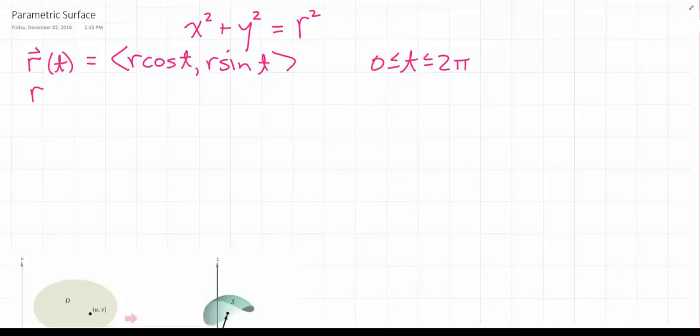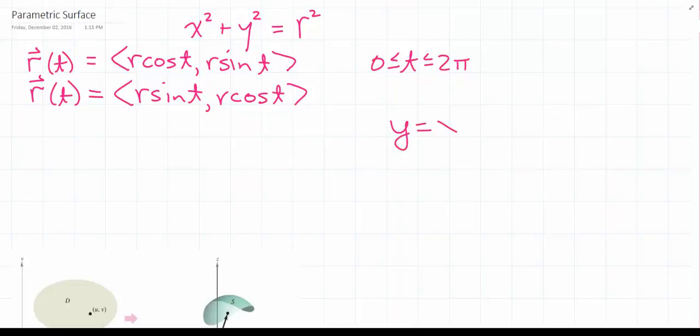Now, we could have the opposite orientation by making this r sine t, r cosine t. But this is something we've done before. We've parametricized curves like circles. And in general, we might say, well, what about something like this? Well, we could write that as t and t squared, like this.